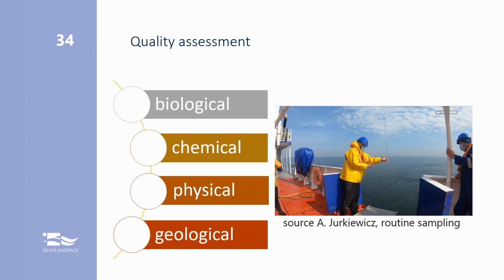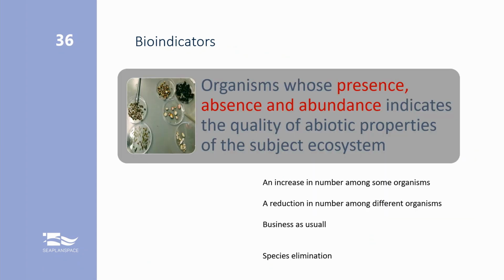Physical monitoring is based on measurement, for example, of sea currents and other factors, and the geological based on other components. I will be focusing on the biological part. Here we have 2 parts for bioindicators, which include organisms which are informative and whose presence, absence, and abundance indicate the quality of abiotic properties of the specific ecosystem.